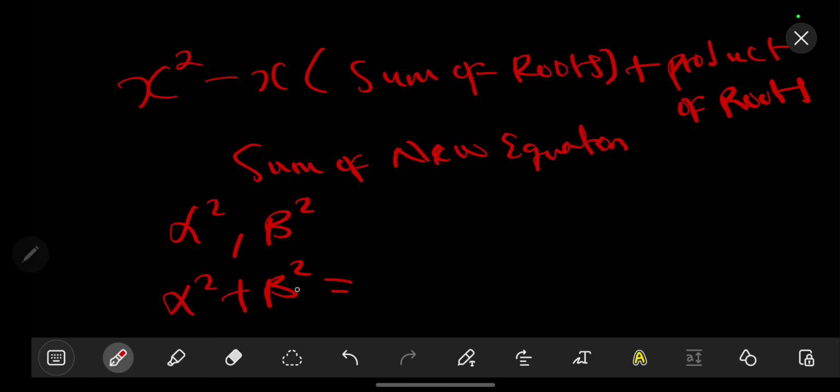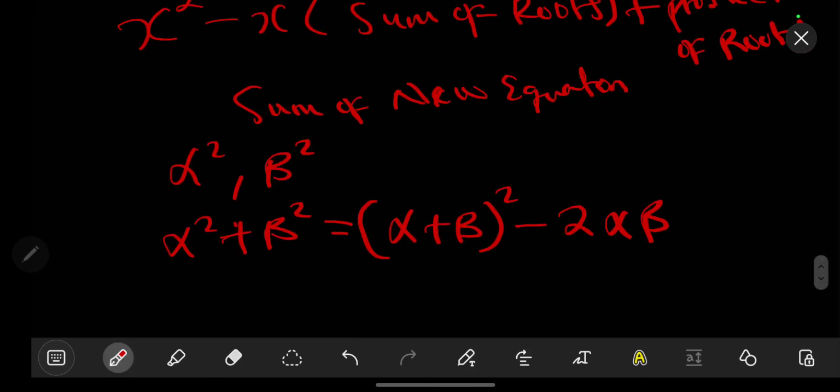When we add alpha squared plus beta squared, this will give us a value. The identity for this is alpha plus beta, squared, then minus 2 alpha beta. So this is how we are going to find our sum, since it's alpha squared plus beta squared.